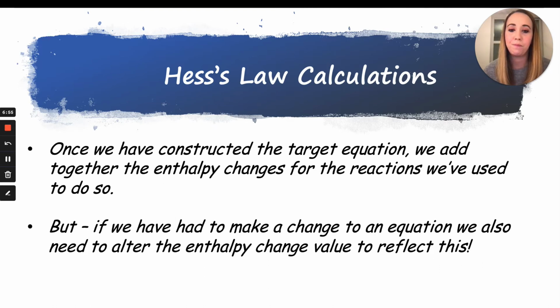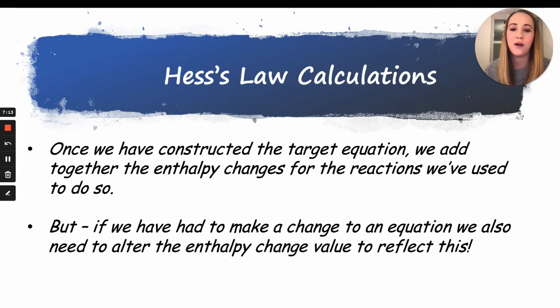And the principle of all this, the way that our calculation is actually going to work, according to Hess's law, and keeping that principle in mind: whatever we do to an equation, we also have to do to the delta H value.